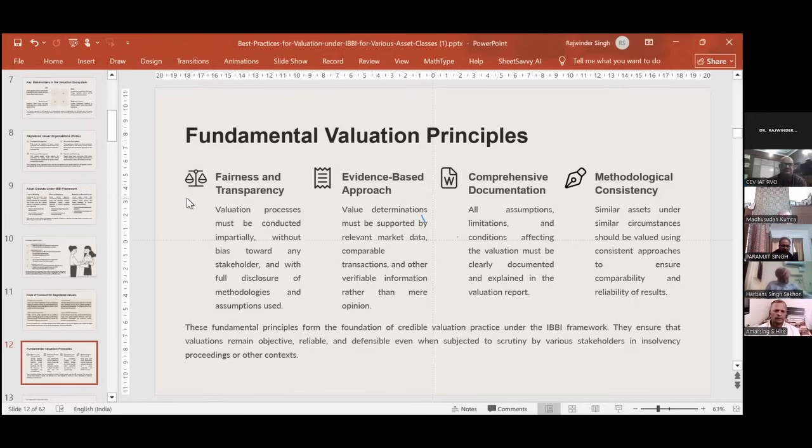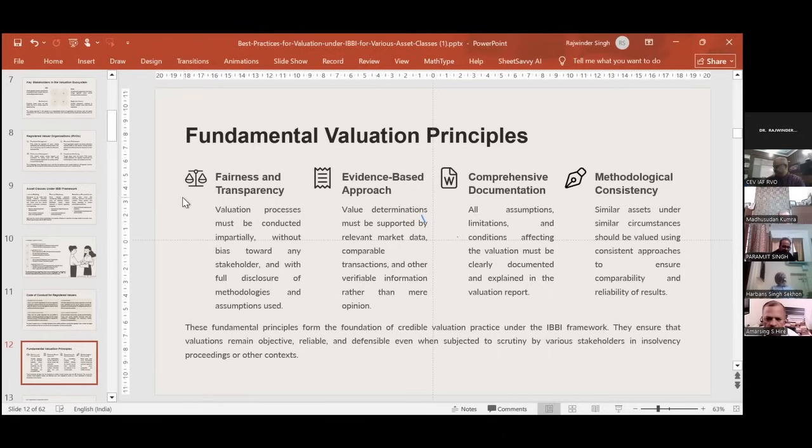Next is fundamental valuation principles. So when you are doing valuation, you have to do valuation based upon certain principles. You must remember these four things. First thing is fairness and transparency. Second thing is when you are doing valuation, your approach should be evidence based. So anything you mention in your valuation report must be based upon certain evidence.